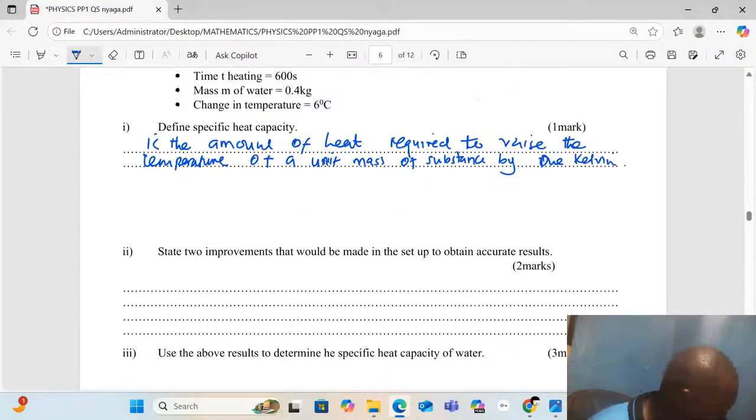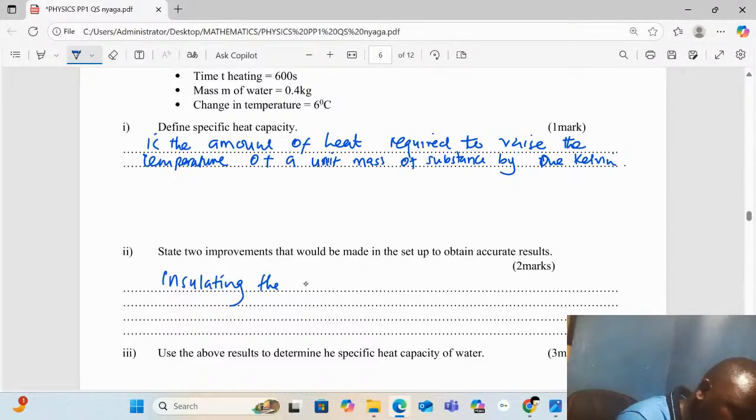Number 1, insulating the container with a cover to minimize heat loss.